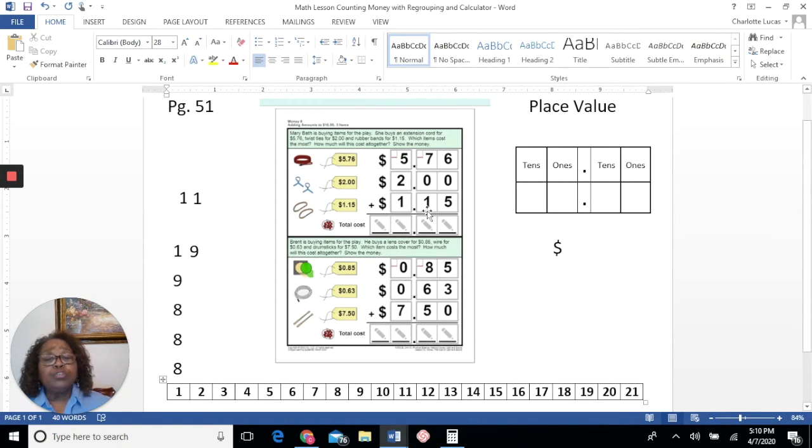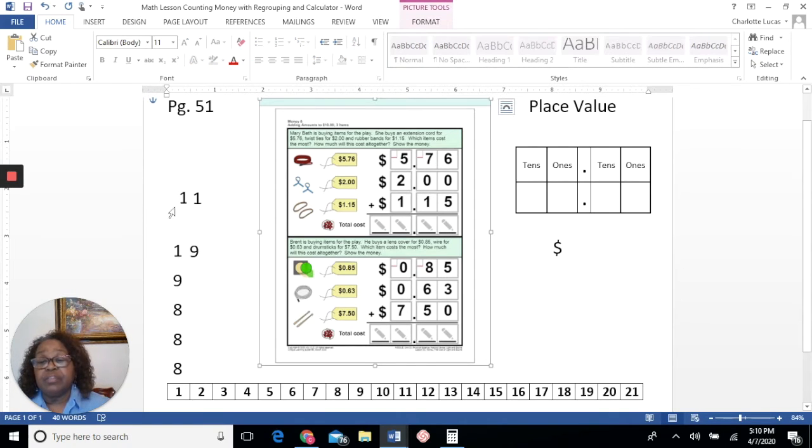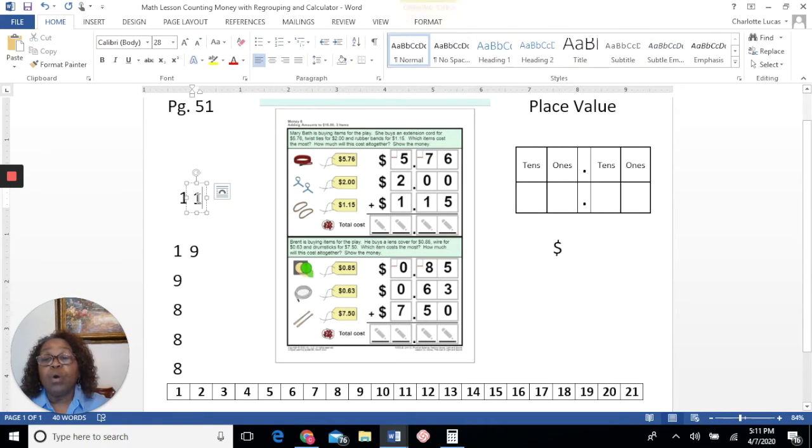Now, when we want to put our answer in, we cannot put a 2-digit number in that place. There cannot be a 2-digit number there. And look at the number 11. The number 11 is a 1 in the ones place and a 1 in the tens place. So we would have to put the 1 that is in the ones place in the ones place.